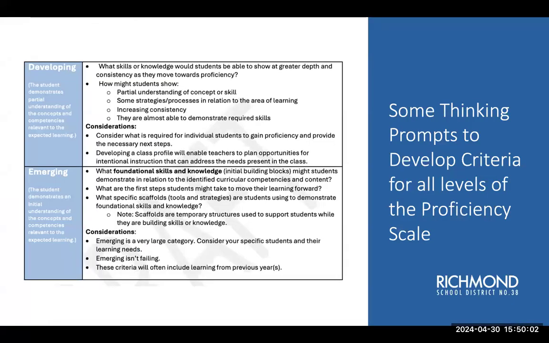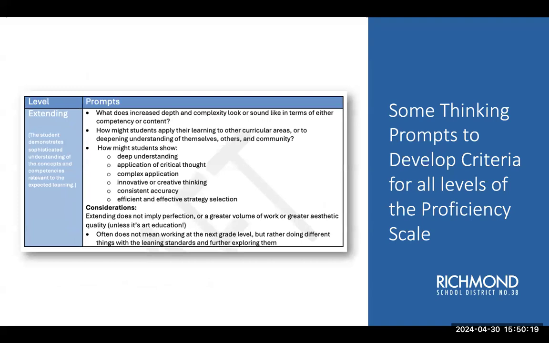Now, if you want to build out a whole proficiency scale, you might look to some of these thinking prompts to support you in developing the criteria for the other levels of the learning continuum. And think really deeply about what students should be showing or could be showing.